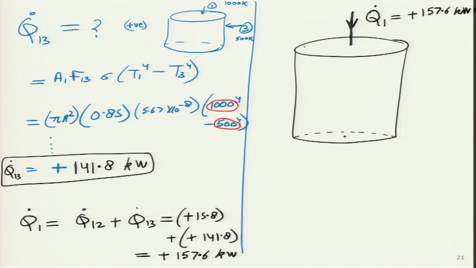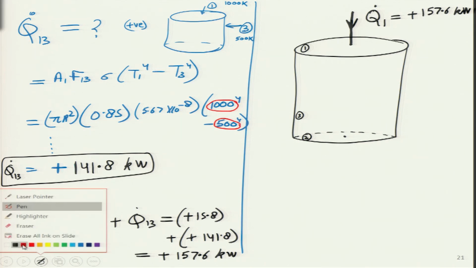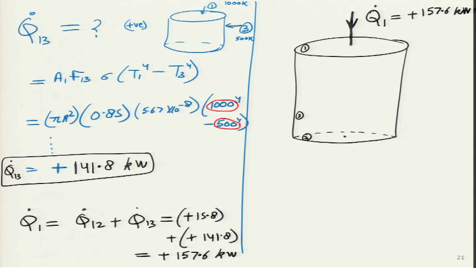This surface 1 is over here, surface 2 is bottom, and this side 1 is surface 3. Maybe I will show over here, side 1 is surface 3. How do we know this? Let me show in red ink over here. So then from surface 1, a lot of radiation is actually coming to surface 2, which I am going to write like this. This is Q dot 12, and that value I already have over here, that is 15.8 kilowatt.